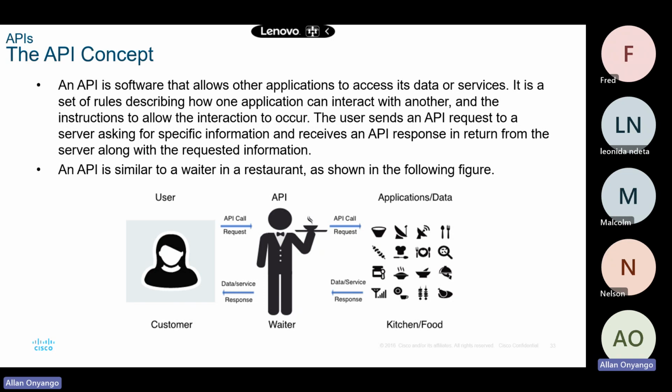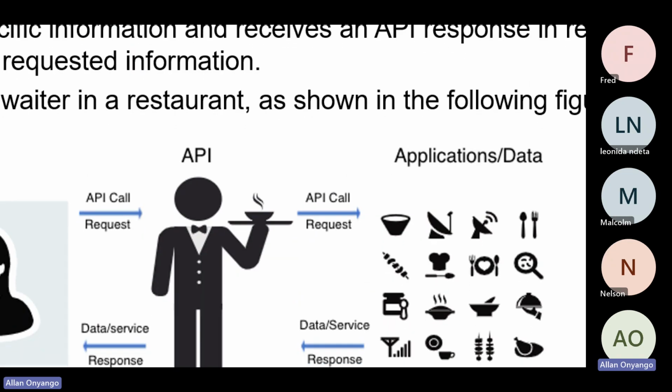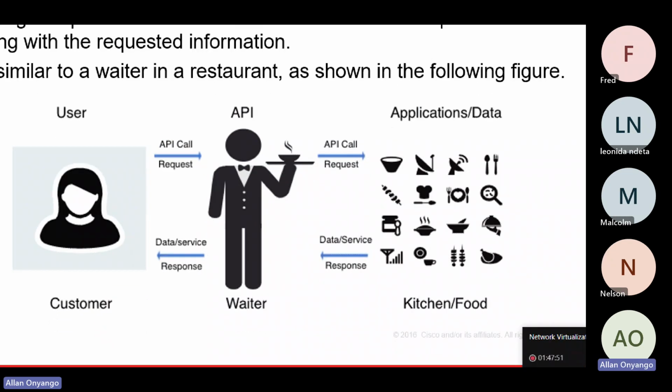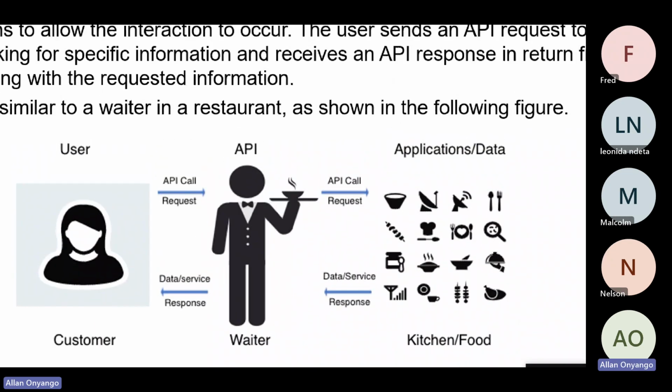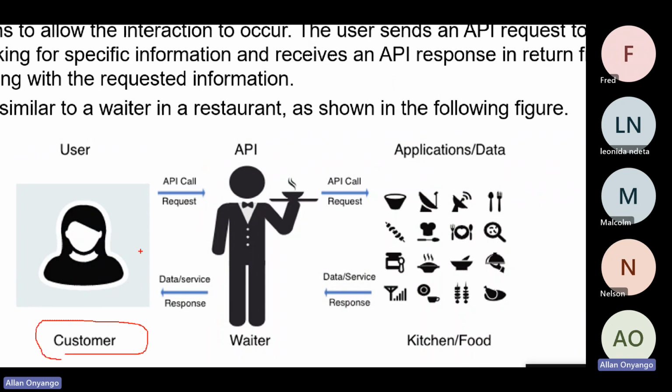So let's compare an API to what happens within a restaurant. You go to a restaurant, you are a customer here, and the moment you get there, the waiter is going to come to you and ask you what you are having for lunch or dinner tonight.